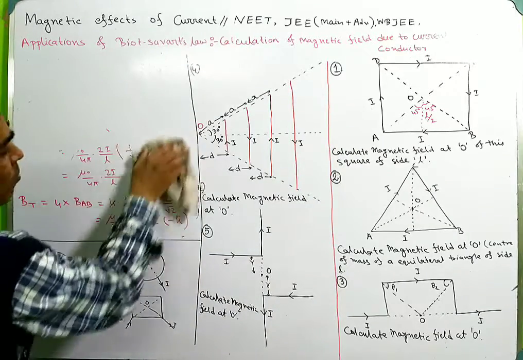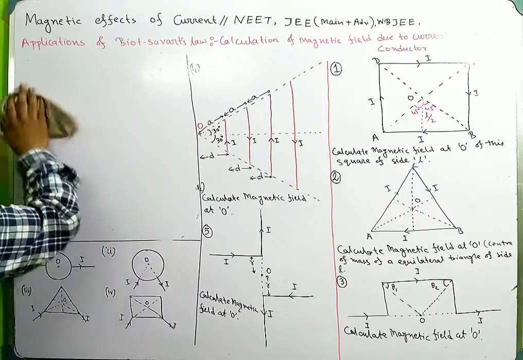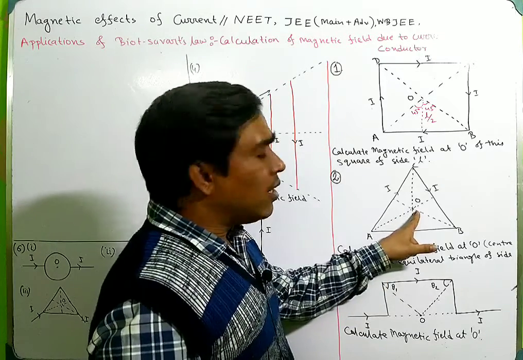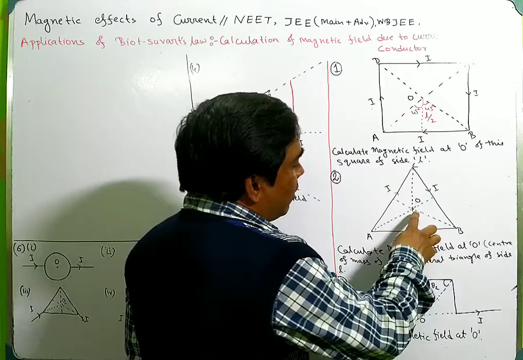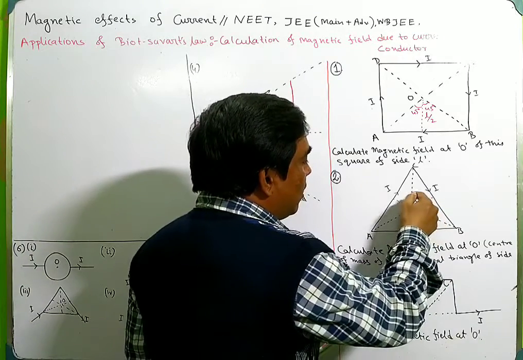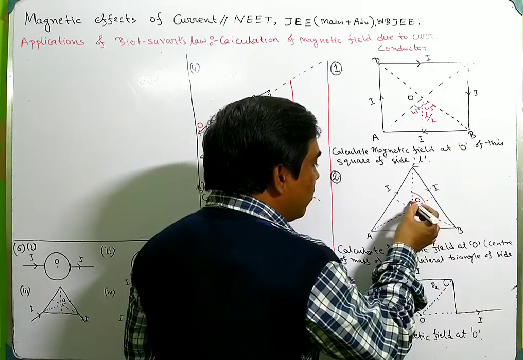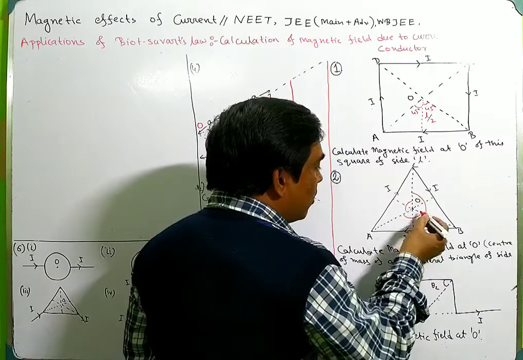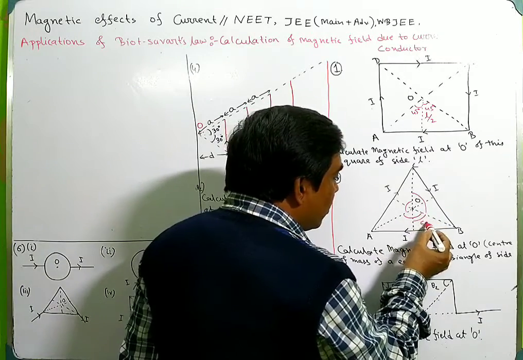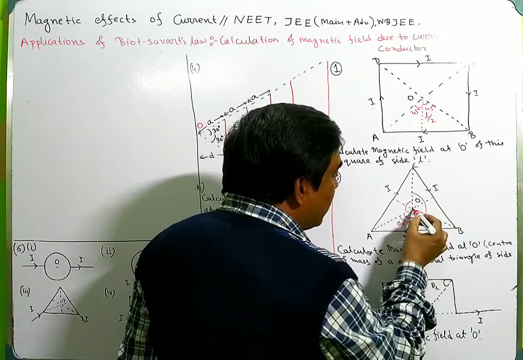Now problem number 2 is very easy, similar to 1. So this is the center of mass. For this center of mass, the angle in both cases is 60, this is 60, this is 60, this is 60. So you have to calculate this distance.